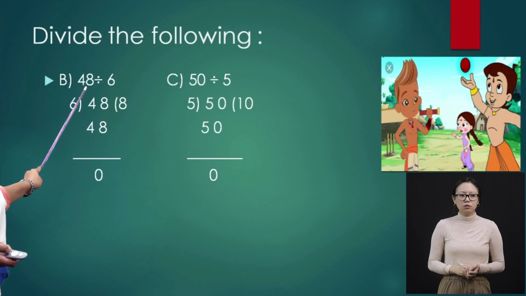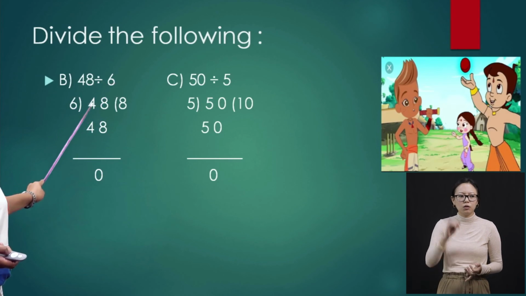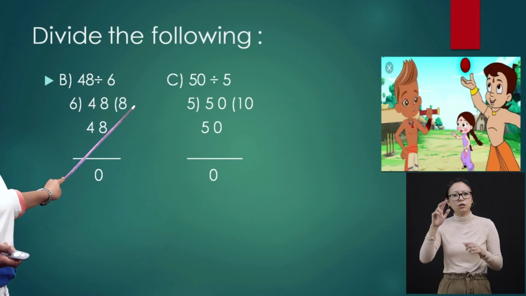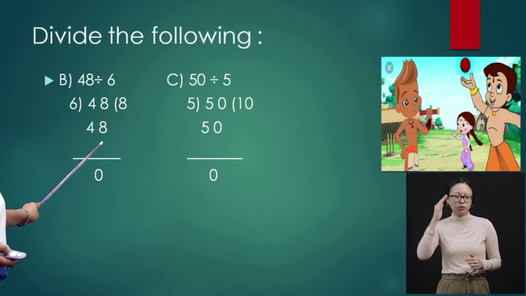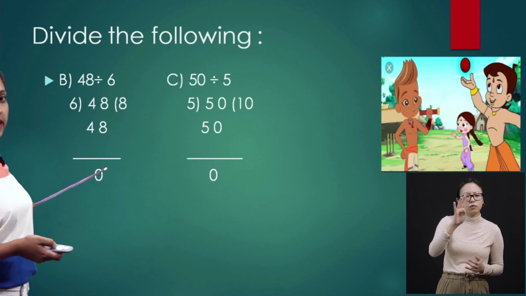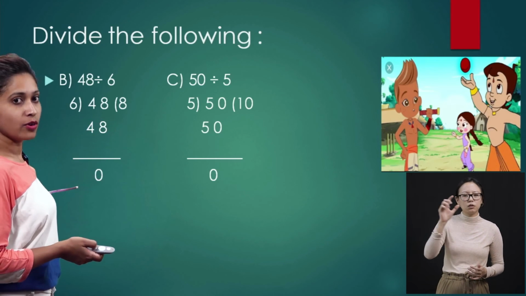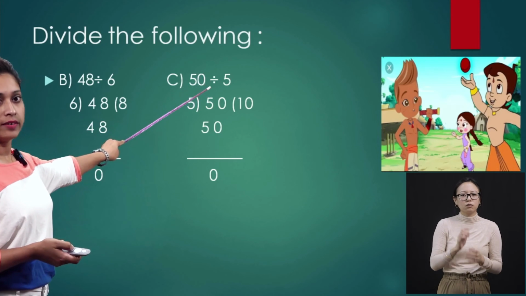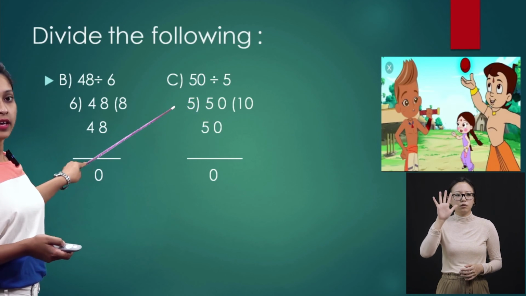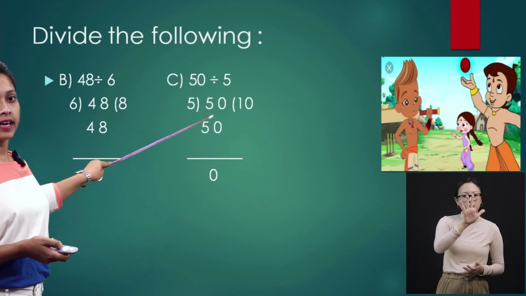Okay, so look here, the first question that you have is 48 divided by 6, right? So when you divide 48 and 6, 6 8s are, we know that it is 48, right? So when you do subtraction, you will get answer as 0, right? Then we have another one, that is 50 divided by 5. It is 5 10s are 50.